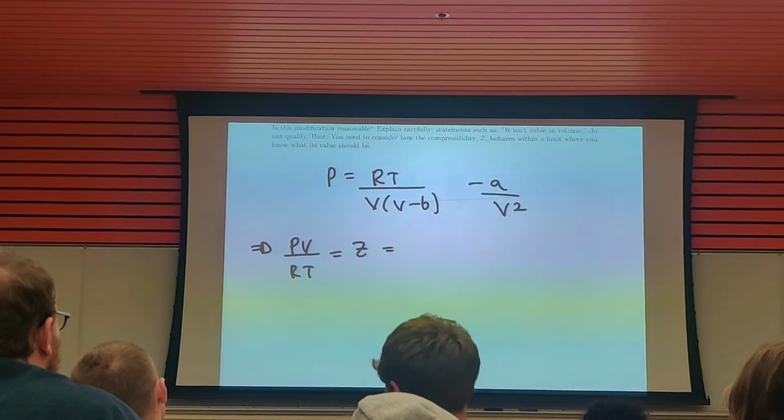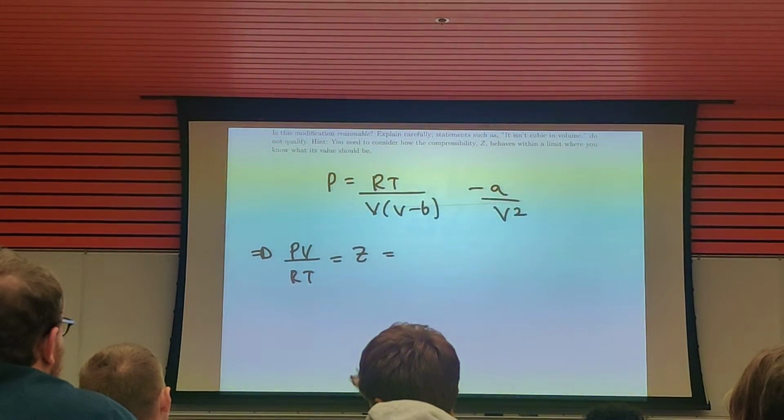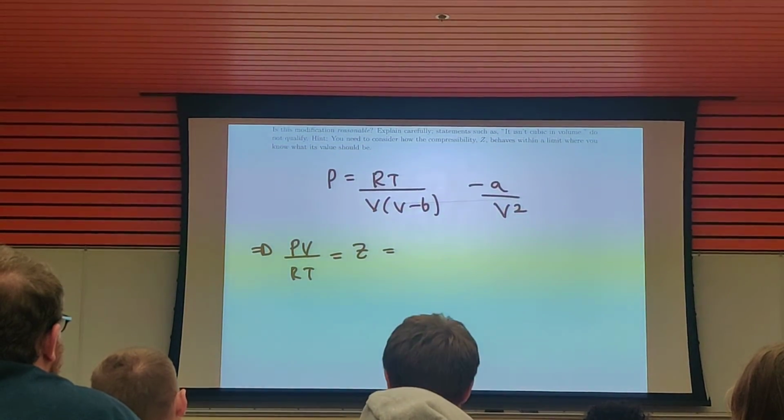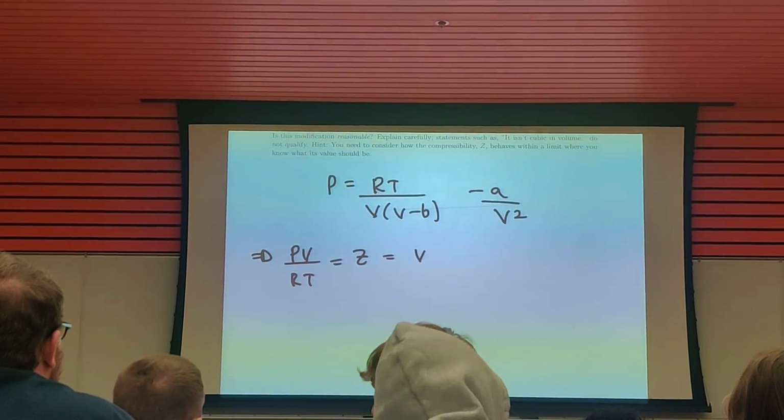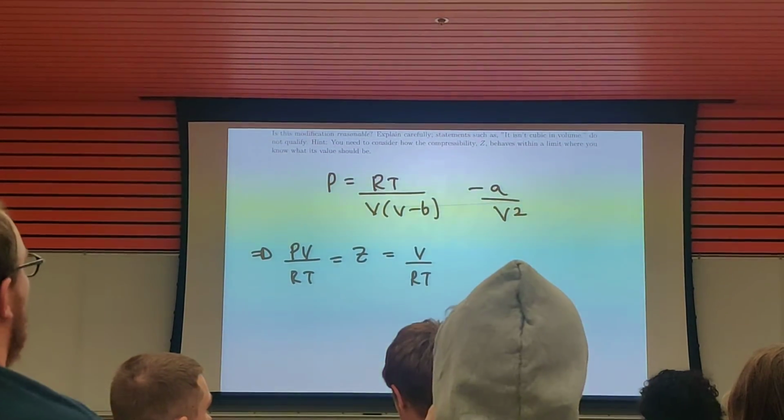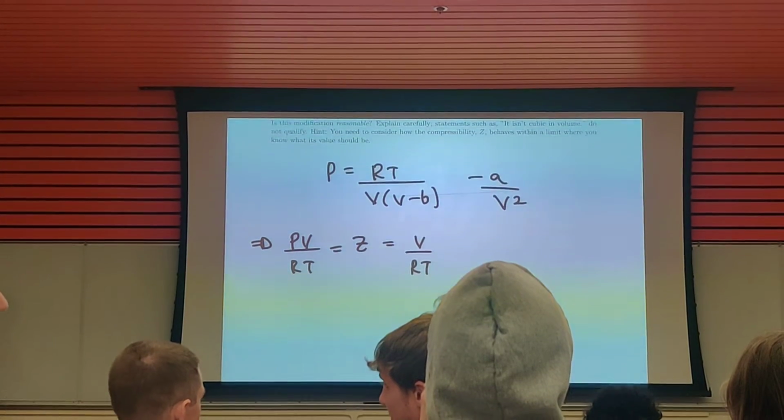So I think you'll explain it more. The compressibility is PV over RT. What is PV over RT? It would only be equal to 1 if we had an ideal gas.